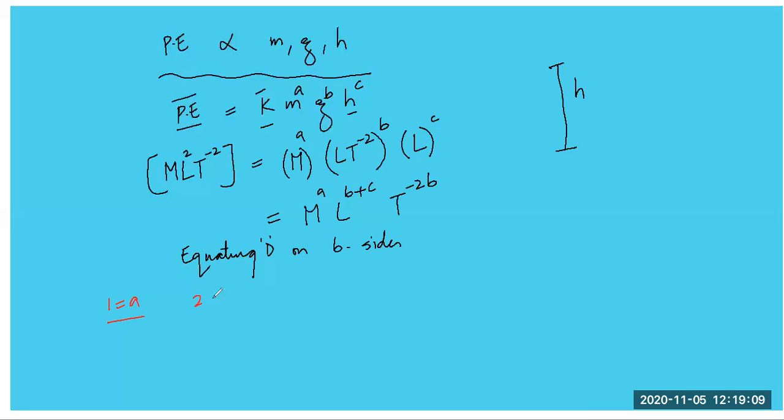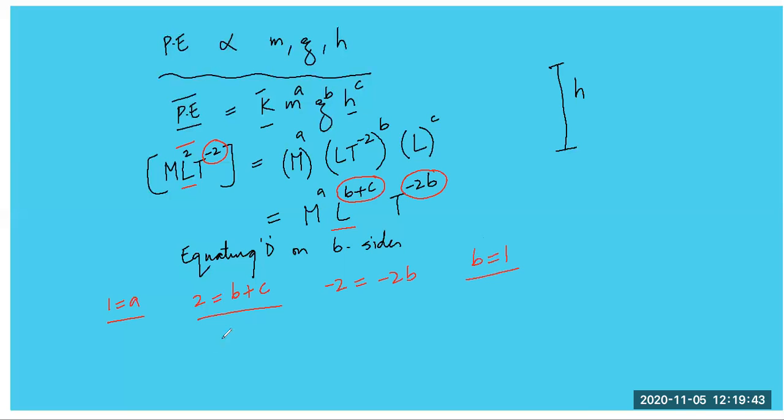Second, 2 is equal to, Jasmine, can you tell? Can you equate the dimensions of length? See, you just equate the dimensions of length on both sides. It will be b plus c. And third one, minus 2 is equal to minus 2b. So from here, I will get b is equal to 1.